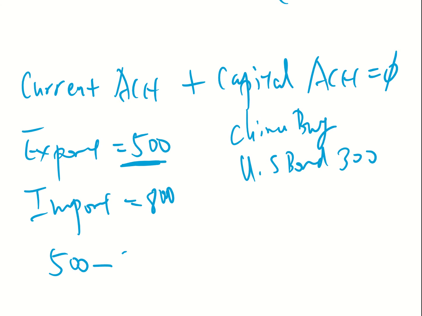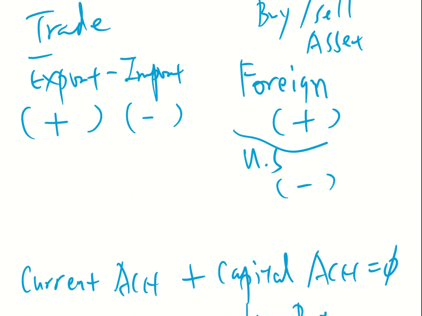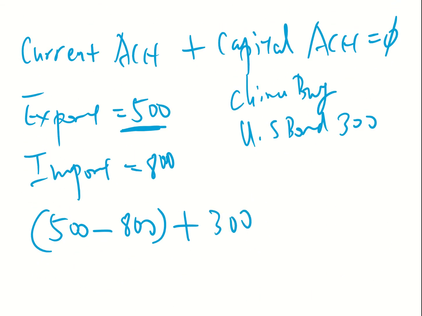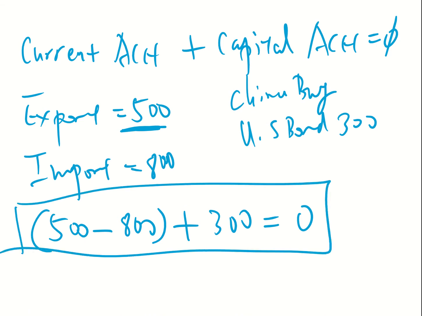The import is negative, that's an outflow of cash. Plus, China buys a U.S. bond. This is a foreign investor buying something from America, so that's positive, cash coming into America. And this equals 0. Therefore the payment is balanced. That's called balance of payment.